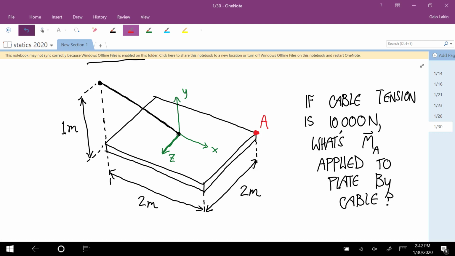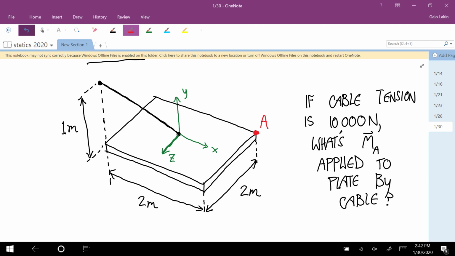Okay, so the force applied to this plate is going to be parallel with that cable, away from the body, so away from the plate, so pointing that way. And we're going to calculate the rho vector and force vector, and then just do the cross product.